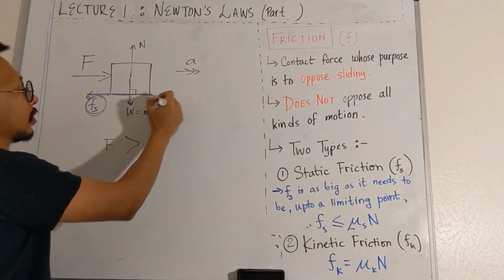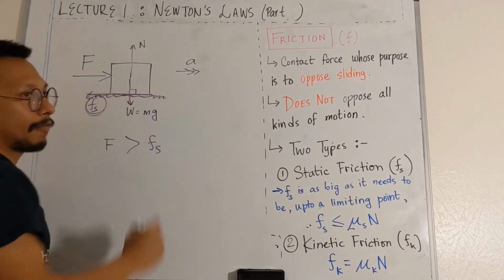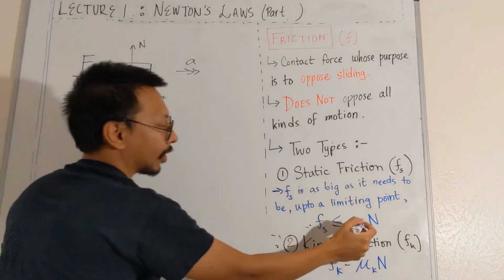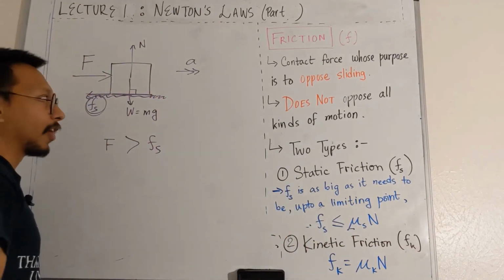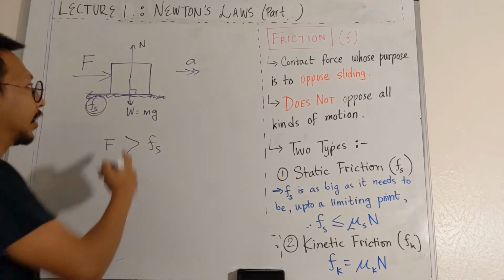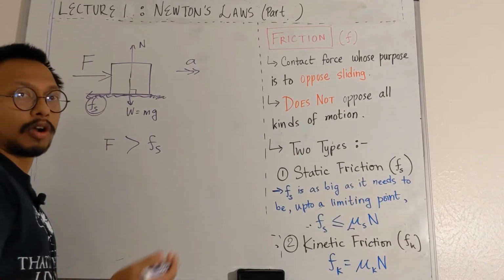If this surface is very rough, we say that the friction is very high. Why? Because then the coefficient of friction would be very high. But if it's smooth, then friction is not as high and you would need to exert a smaller force.